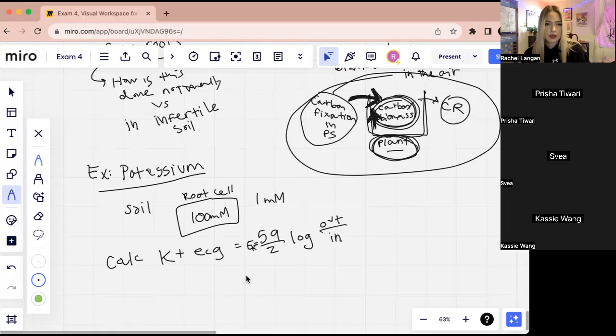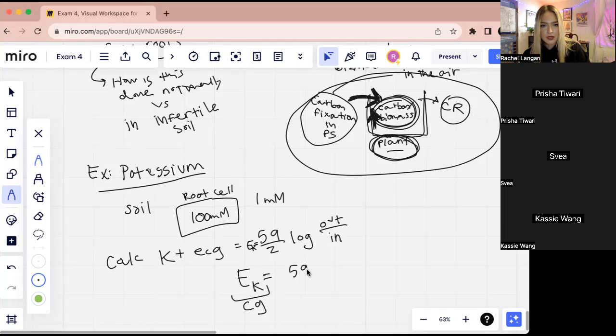So how would you calculate the ECG? The Nernst equation gets you the equilibrium potential for the ion, which is also the concentration gradient.